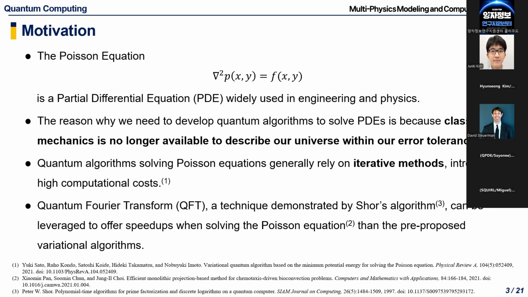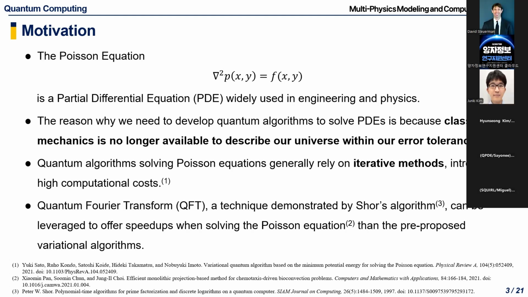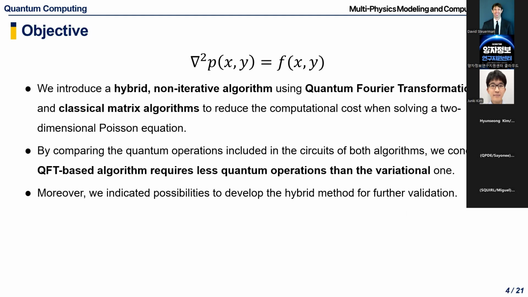But in this research, we propose using the quantum Fourier transformation, inspired by the method of converting the Poisson equation through Fourier transforms, to transform the overall process in a non-iterative manner. So the objective of this research is to introduce a hybrid and non-iterative algorithm using the QFT and classical matrix algorithms to reduce the overall computational cost.